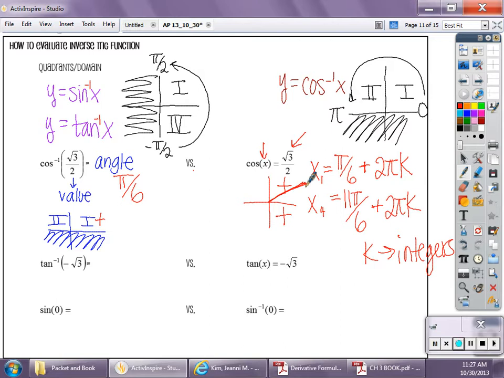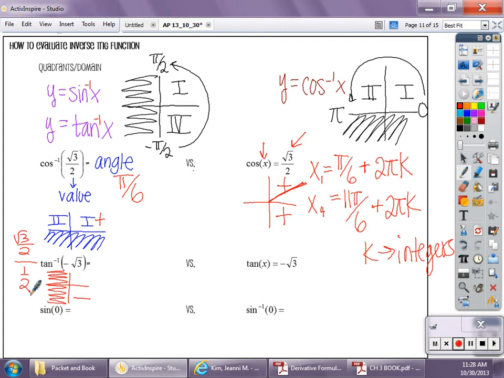Let's look at negative root 3. Tangent inverse uses first quadrant and fourth. If it's negative, what quadrant am I in? Fourth. This one's a little bit harder. Tangent is root 3, so that would be root 3 over 2 over 1/2. Sine over cosine.